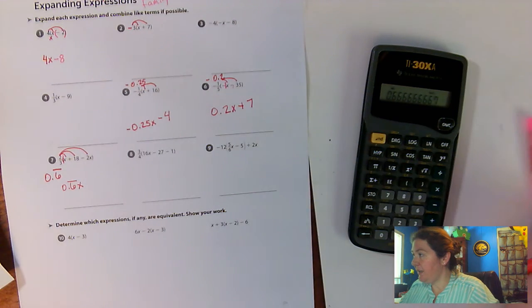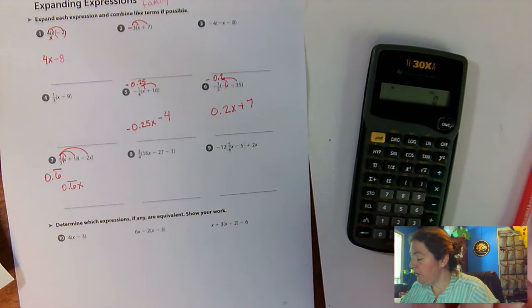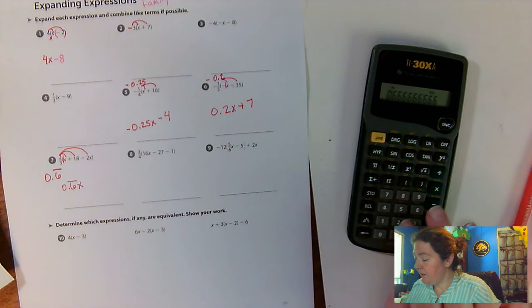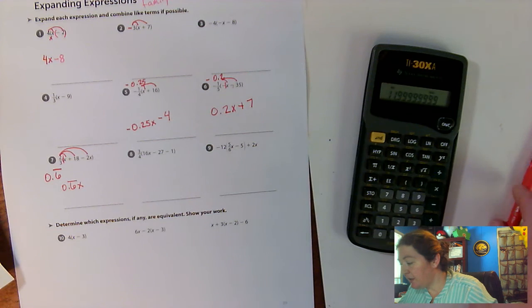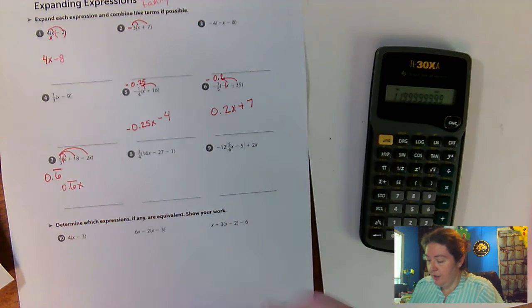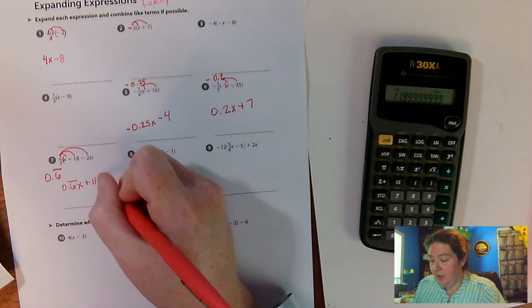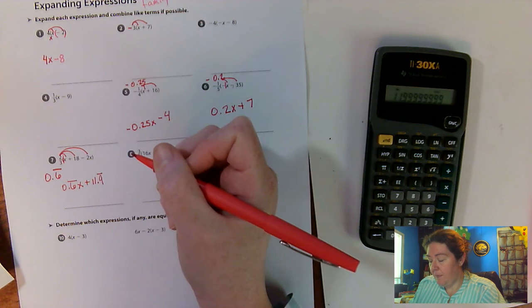And I'm going to take 0.6, fill up my screen, remember we did this, times 18, so positive 18, and I'm going to get 11.9 repeating.